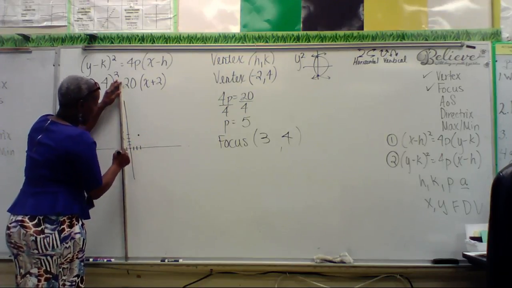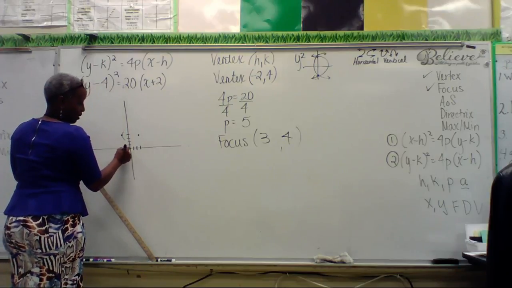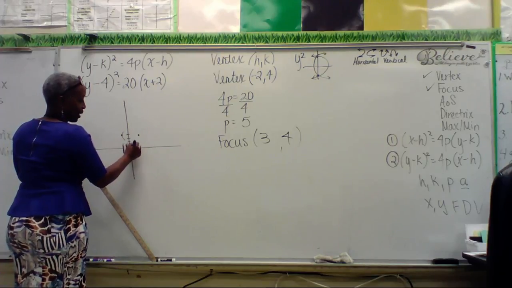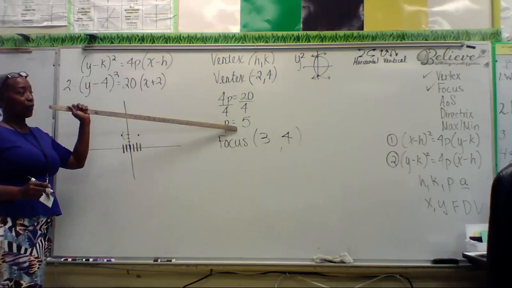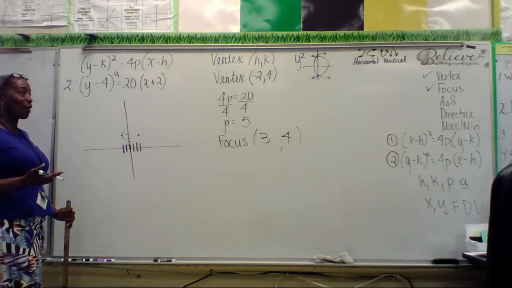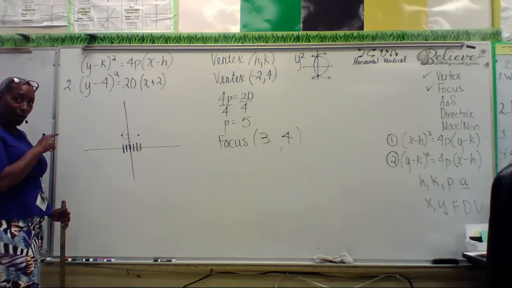So I'm actually going to count. If I start here, then I'm going to count 1, 2, 3, 4, and 5. That's that 5 right there. But I actually have to understand that this is the XY coordinate plane. In the middle is 0, 0, right?